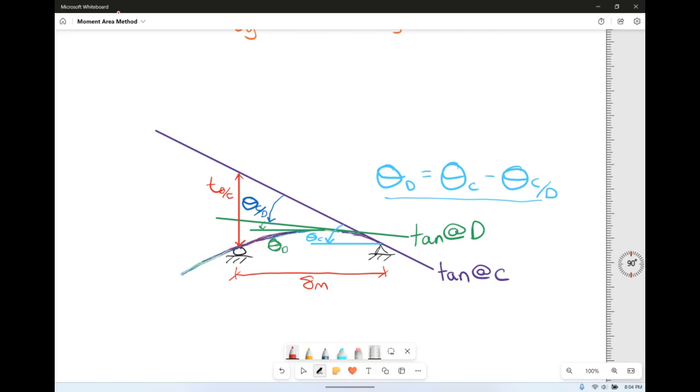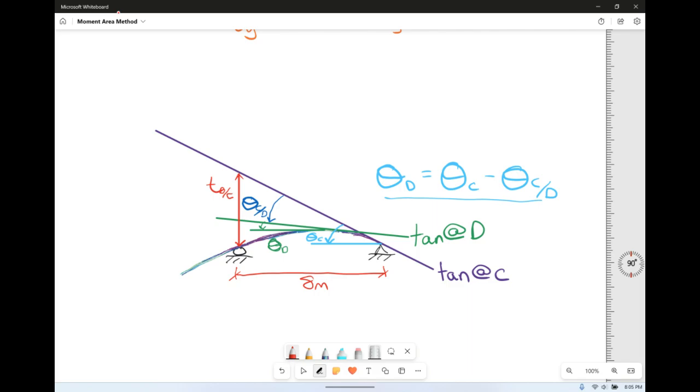We go from the point on the elastic curve, that's point B, to the tangent at C. That's the vertical deviation of point B with respect to C. Now our moment area theorem says that the vertical deviation of one point to another is going to be the moment of the area of the moment diagram taken about the first letter, so taken about point B. So that's how we're going to find angle of D.